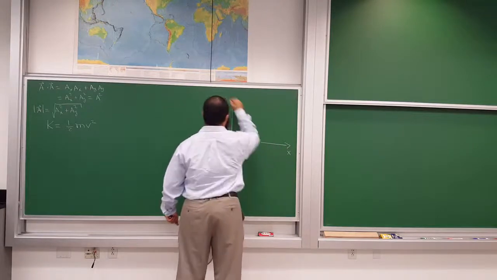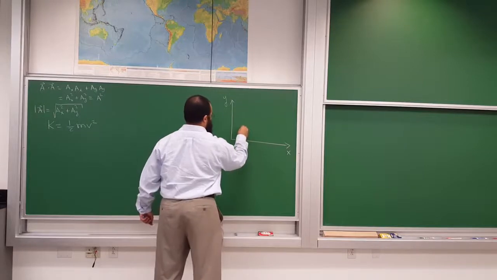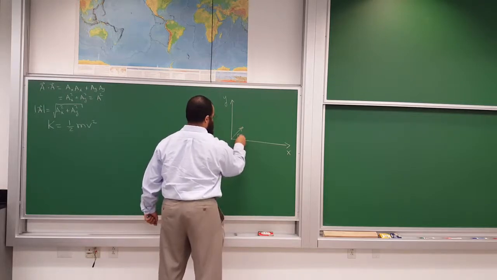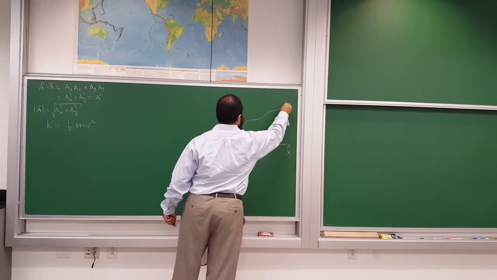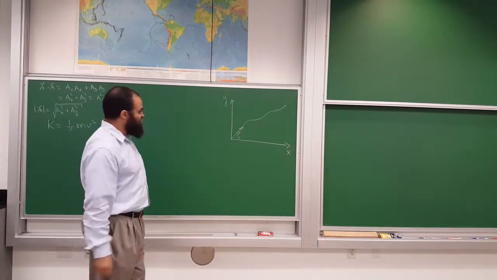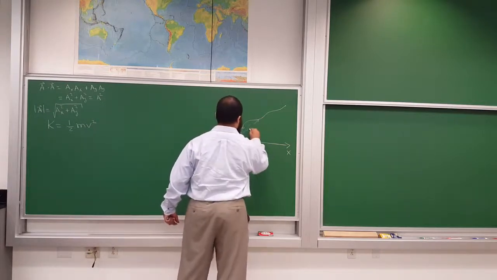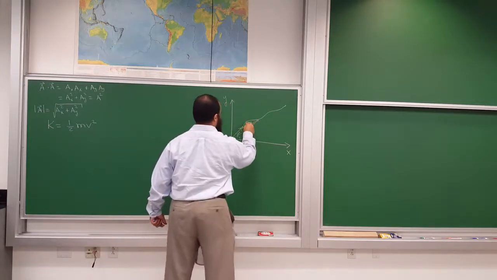And so the object maybe starts here, and so its position is R1, this is the position of the object, and then the object moves along this line, or this curve. So the position of this object at this point, maybe R2, and this is delta R.